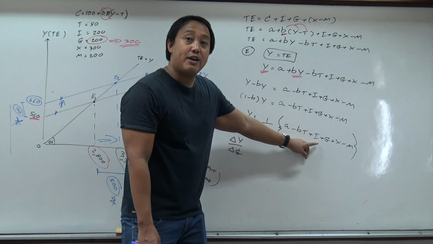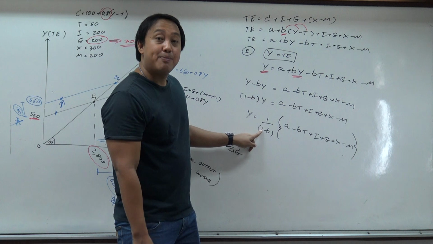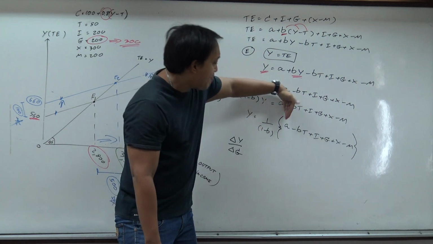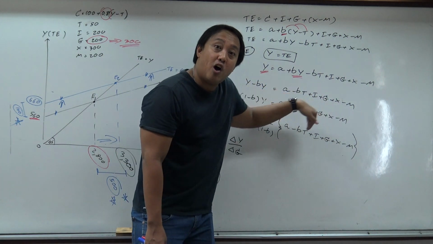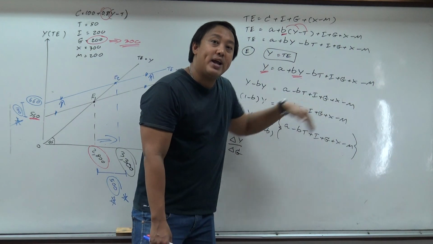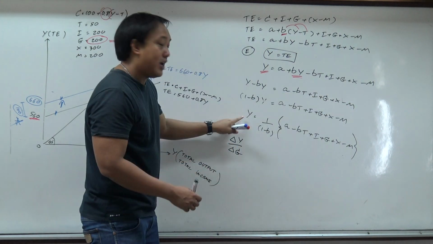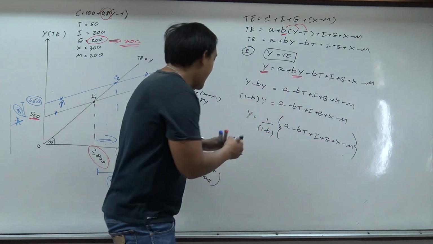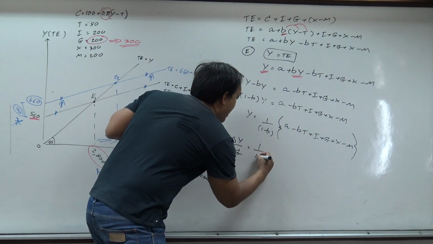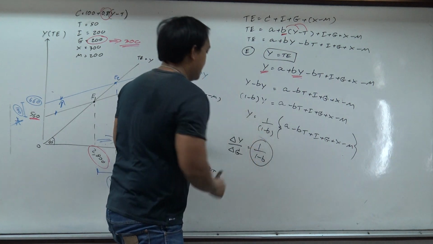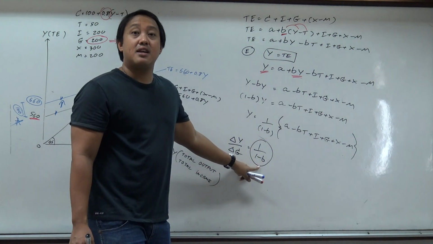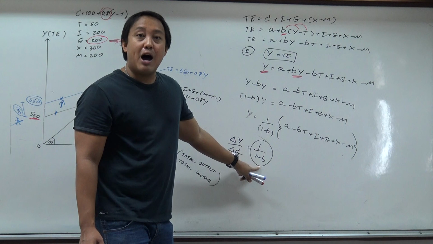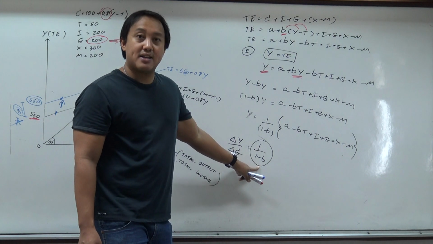The thing that stays in front of G is 1 over 1 minus B, because 1 over 1 minus B has to be multiplied on every variable in the bracket. So when I do delta Y with respect to delta G, I get 1 over 1 minus B. This is what we call the multiplier effect.